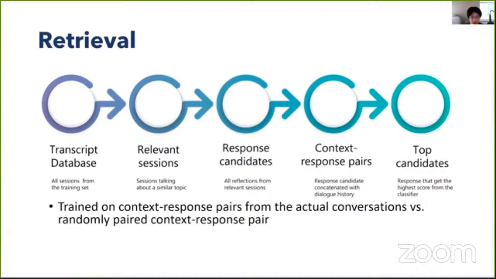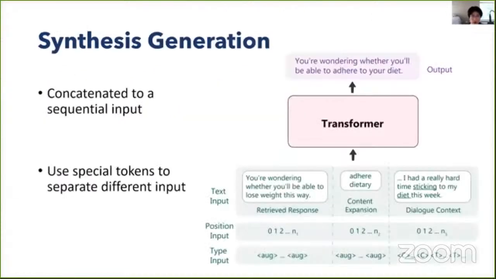The classifier is another neural model based on GPT-2, and it is trained to give a matching score for a context-response pair, with the assumption that the responses produced by the counselor are good matches to their context. On the right side is an example of input. As a common practice, the augmented context from the retrieved response, the content expansion, and the dialogue context are concatenated to form a sequential input for the transformer model.